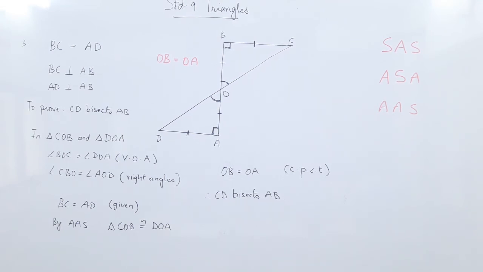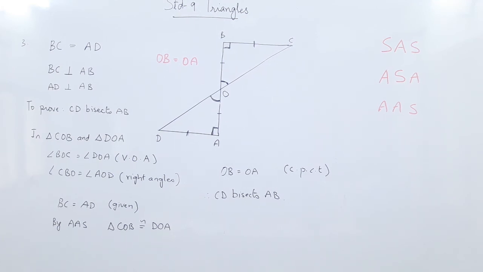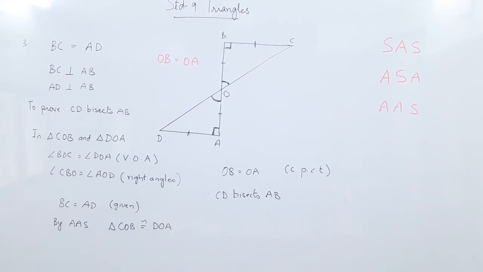So here we had to prove CD bisects AB, but I took the help of the congruency of triangles. With the help of congruency of triangles, I proved that the two triangles are congruent, and because the two triangles are congruent, their corresponding parts are equal, and because the corresponding parts are equal, I could show CD bisects AB.